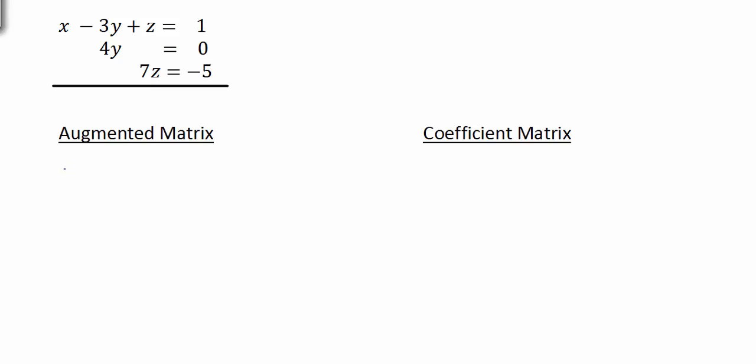If we look at the first equation, the coefficients of the x, the y, and the z would be 1, negative 3, and a positive 1. So we bring down 1, negative 3, 1, and a lot of times you'll have a dotted line here, and then you list your constant term, what it's equal to, which is 1.